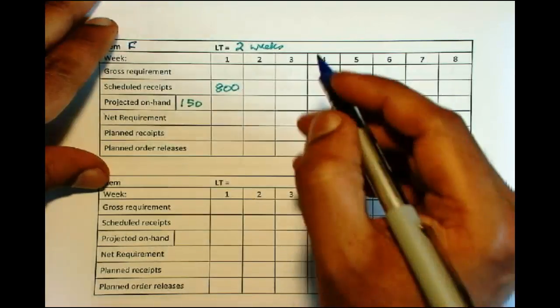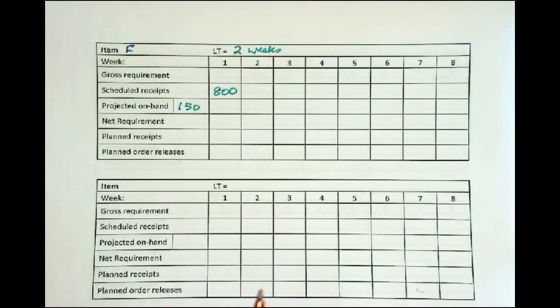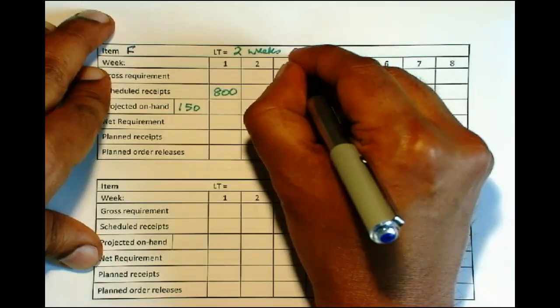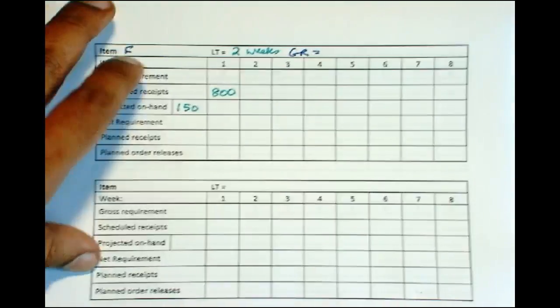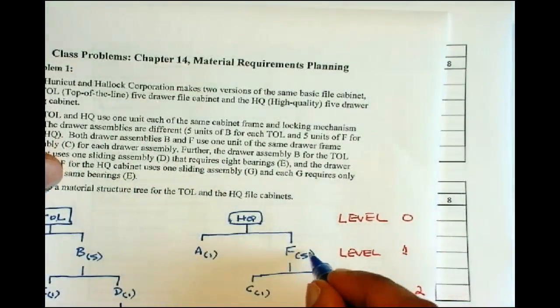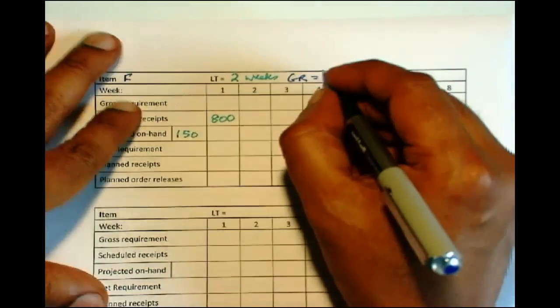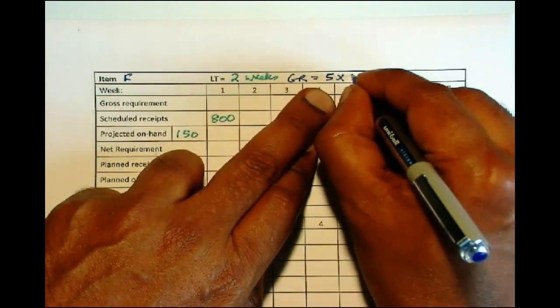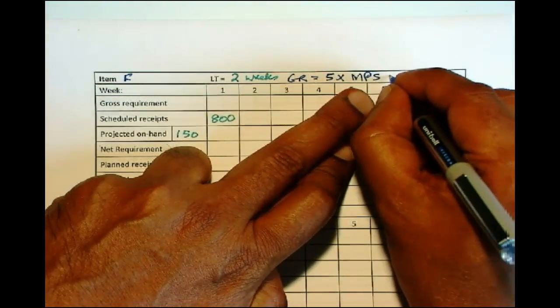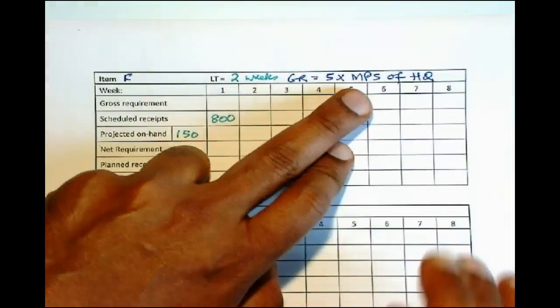Now the gross requirement for F is 5 times HQ. So it is 5 times the master production schedule of HQ.